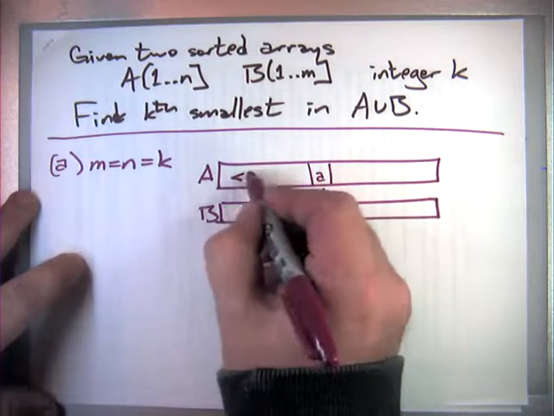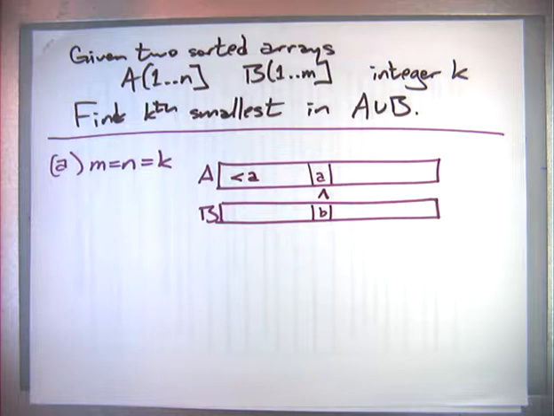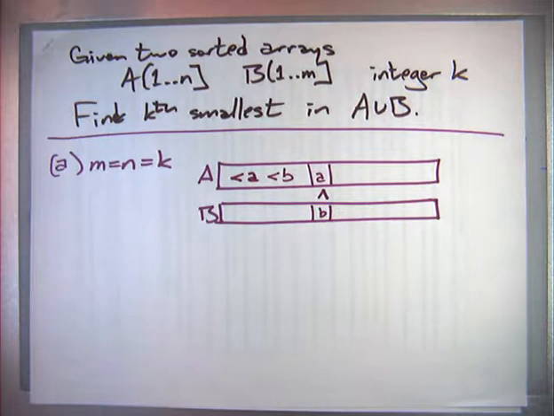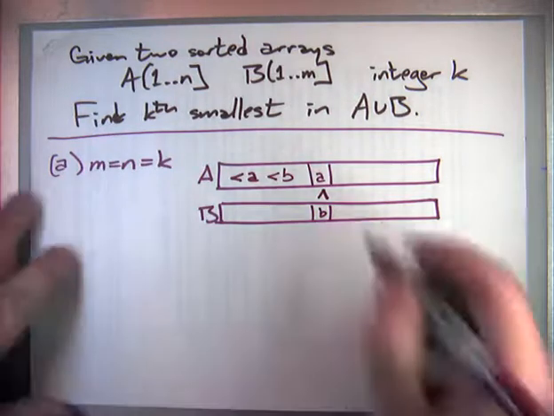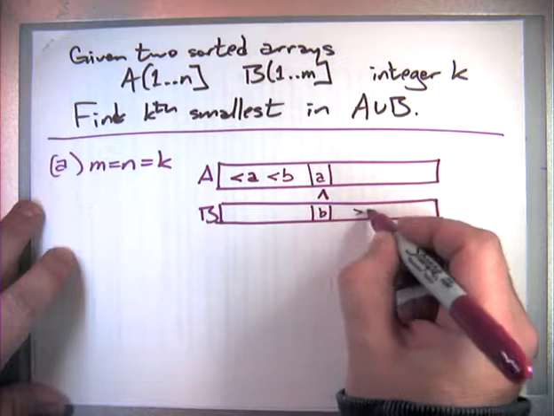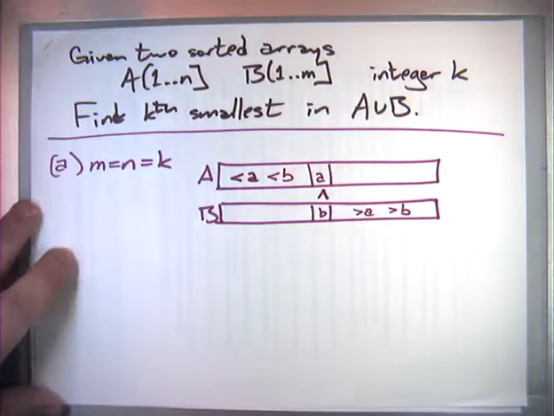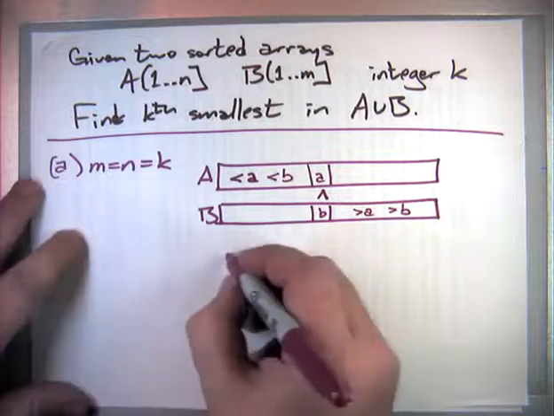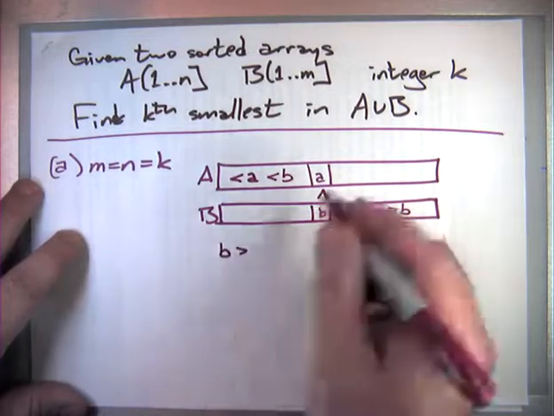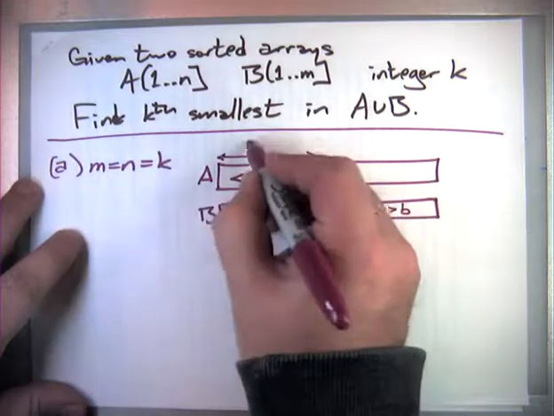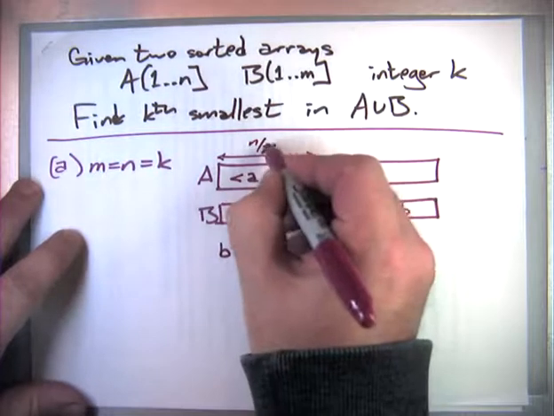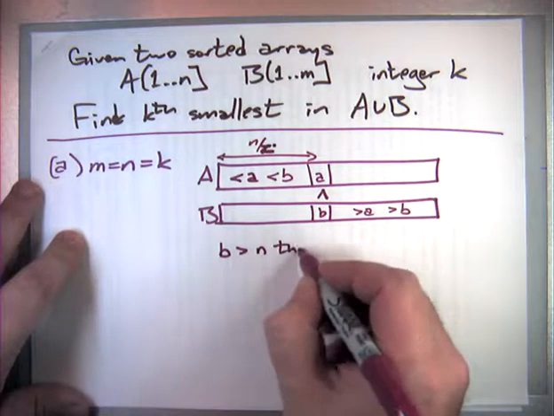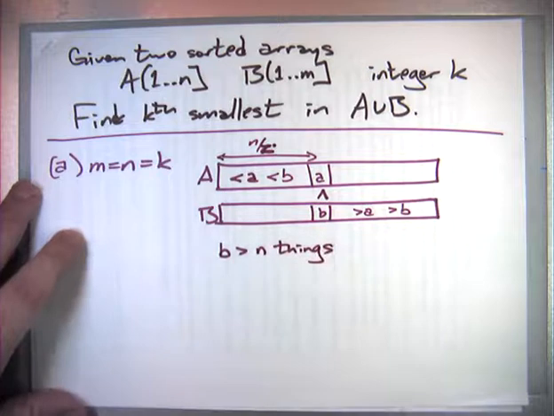I know everything in the left half of A is smaller than A. I also know that everything in the left half array is smaller than B. Similarly, I know that everything in the right half of the array is larger than A and larger than B in the other array. Okay. I also know that B is bigger than n things in the union.